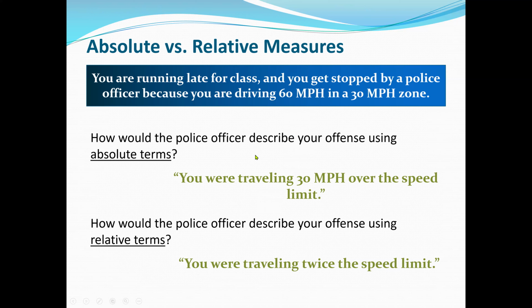Because if we do rate difference, we have to go with person-time units. Here, they didn't give us any time period. There's no time period, so we cannot do rate difference, but we can do risk difference.